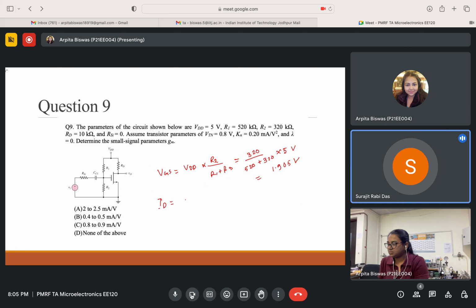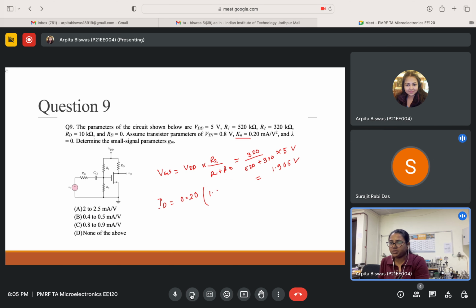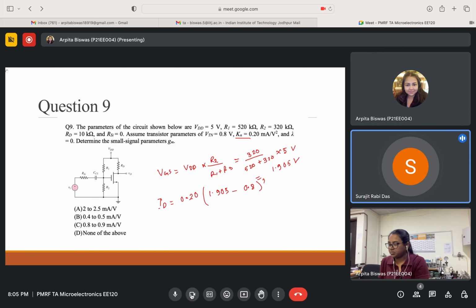Here capital Kn is given, just put this value directly. And what is the value of VGS? 1.905 minus VTH 0.8, whole square. Yes. This value is 0.244 milliamps. Yes. Now how to calculate the gm? What is the equation? gm we can find by using ID.